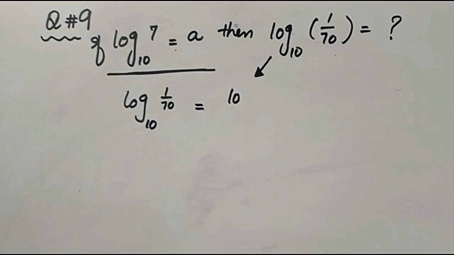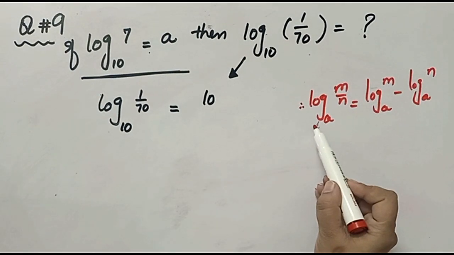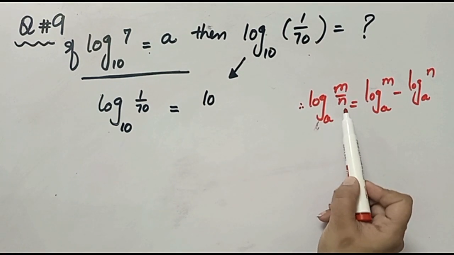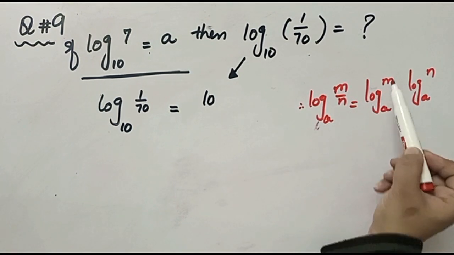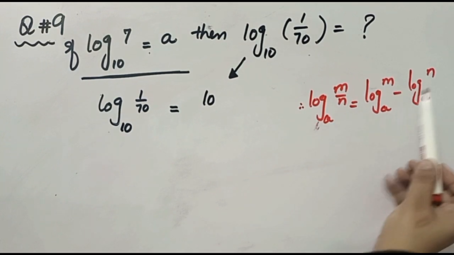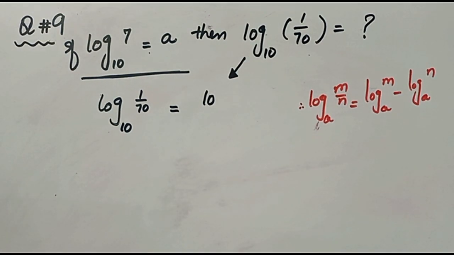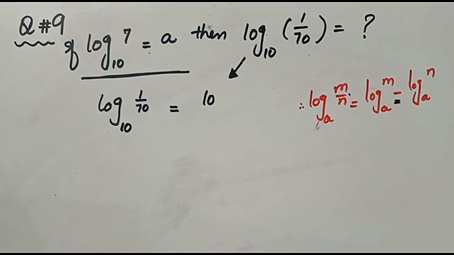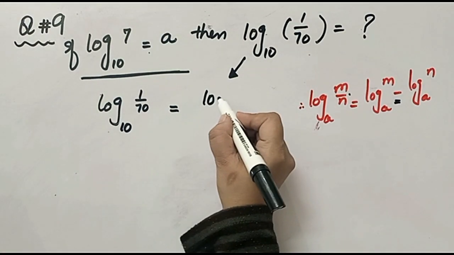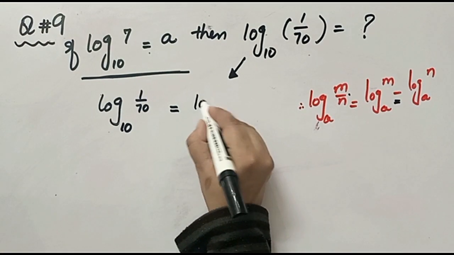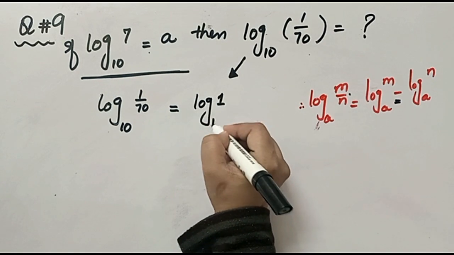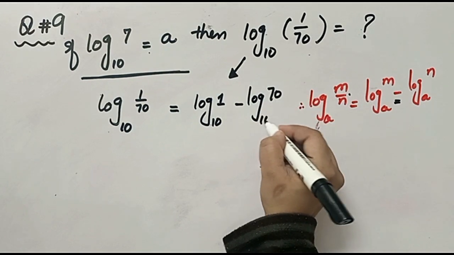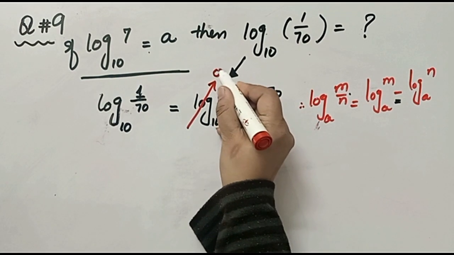We know by the division law of logarithm, or second law of logarithm, it states that log m by n to the base a is equal to log m to the base a minus log n to the base a. That division is converted into subtraction. So here we can write it down as log 1 to the base 10 minus log 70 to the base 10. Log 1 is equal to 0.